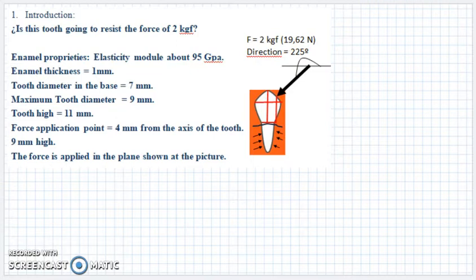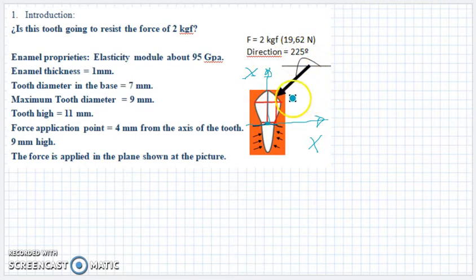So in general, we are going to use this axis. This is the x-axis and this is the axis y. And the origin is going to be placed in the main base of the teeth.